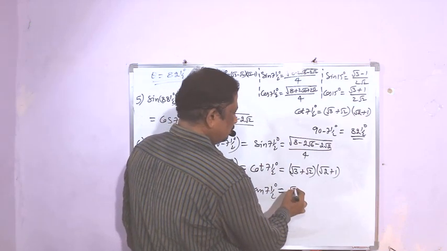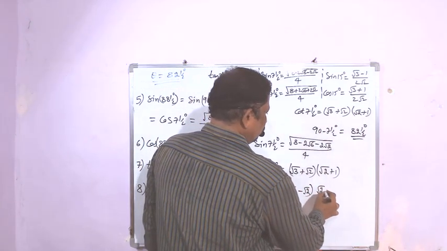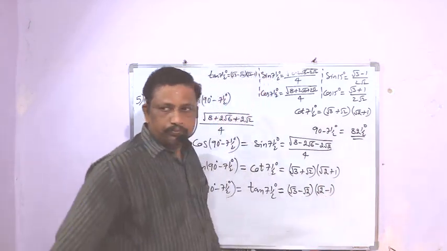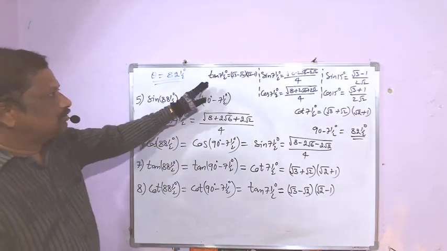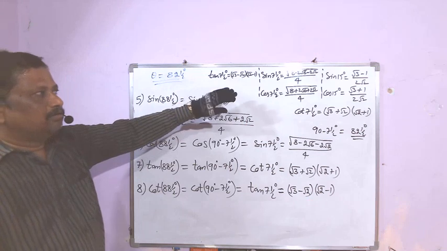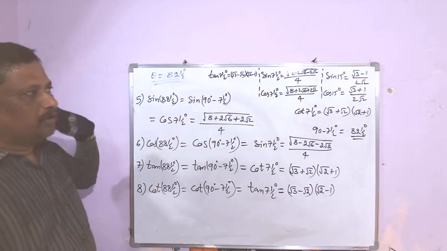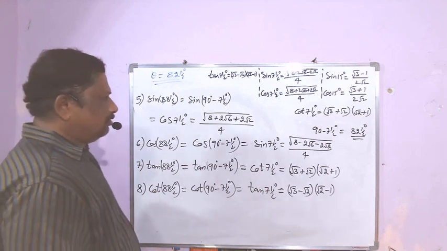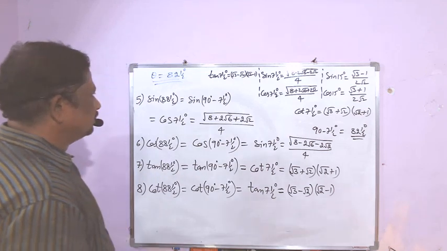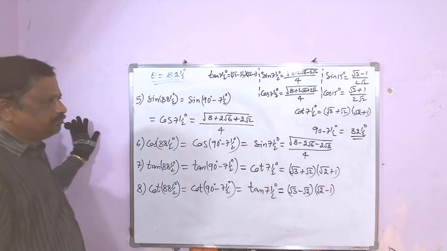Root 3 minus root 2 into root 2 minus 1. Okay, clear? So these are the tan, cot, cos, sin of 7.5 degrees and 82.5 degrees. Now you can make a table for this.